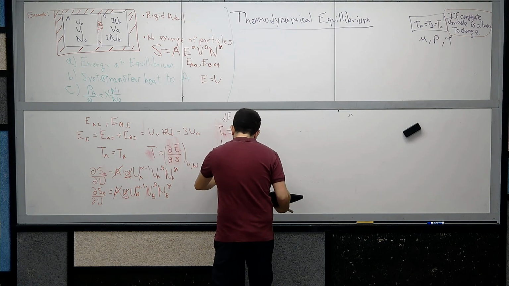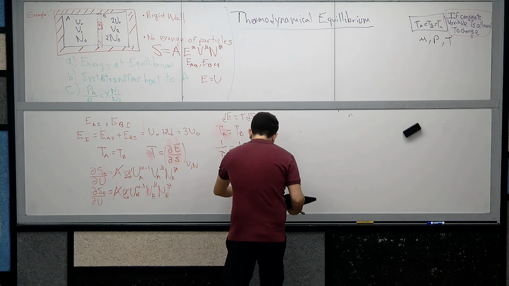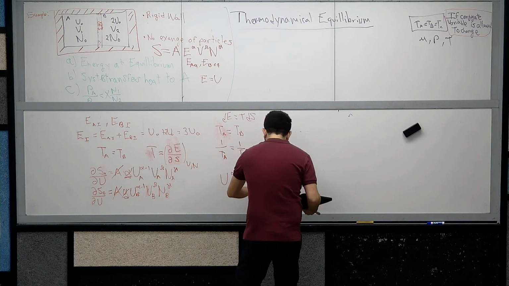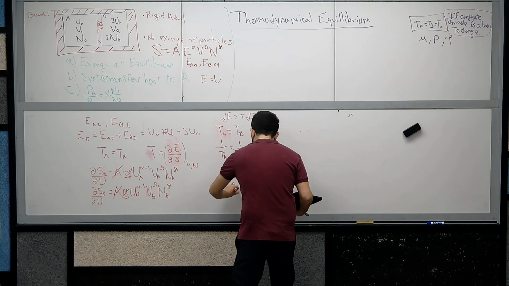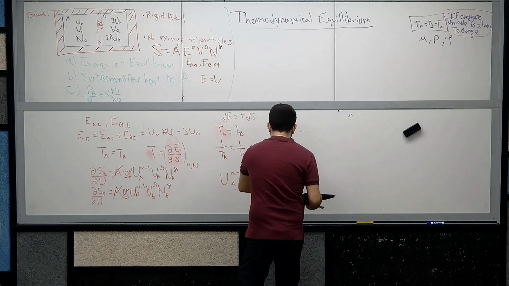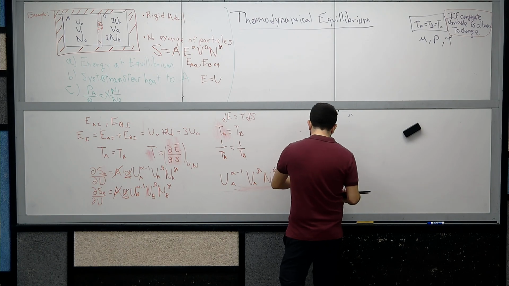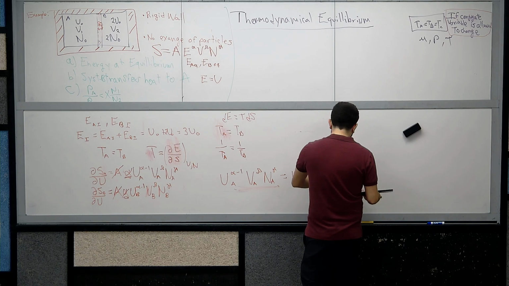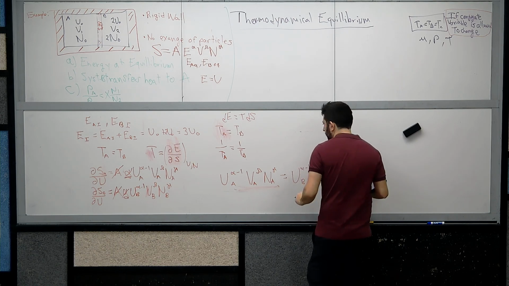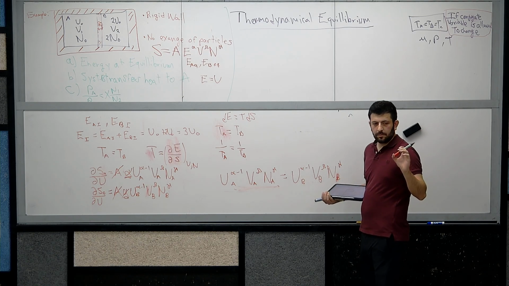And we have that U to the alpha minus 1 of A, B of A to the beta, and N A to the gamma. Right? Any question?